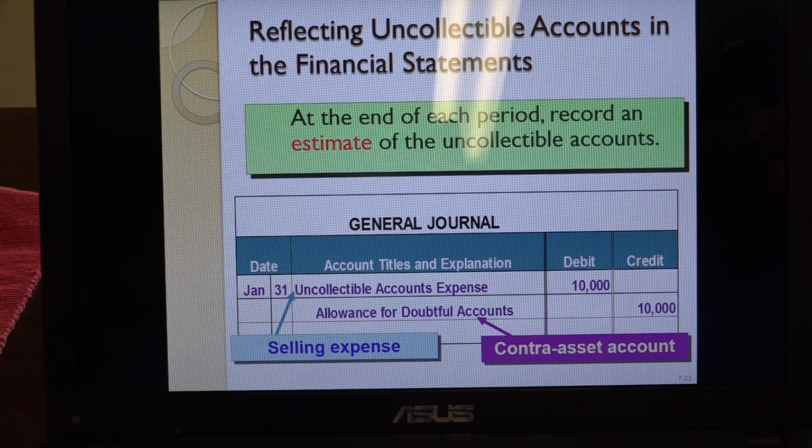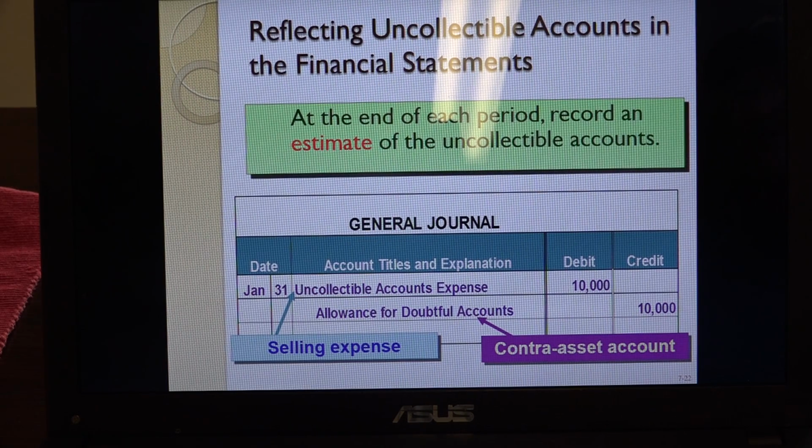And we'll talk about what method they use here in a little bit. They're recording this estimate of what they believe will be the amount of uncollectible accounts.